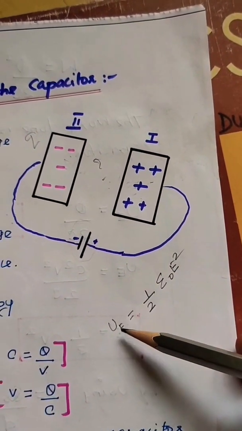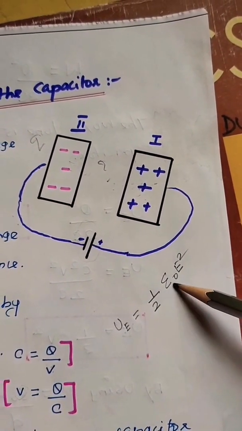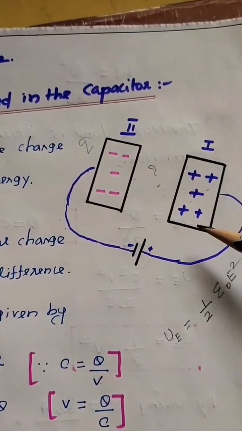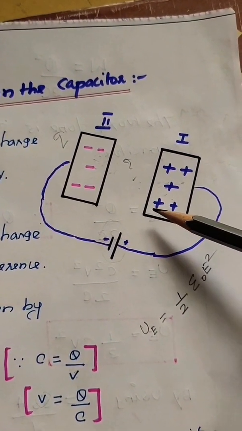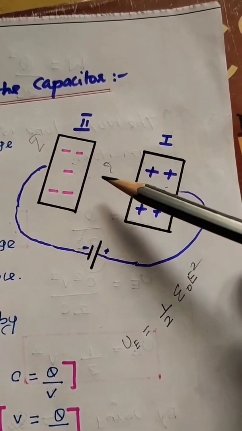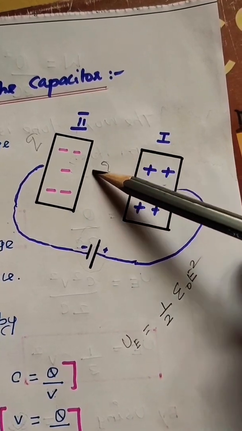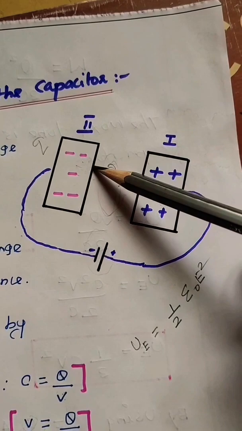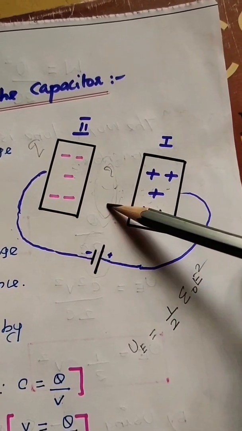This equation, u_e equal to 1 by 2 epsilon naught E square, tells us that the energy is stored in the electric field existing between the plates of the capacitor. The energy can only be stored in between the plates of the parallel plate capacitor, so in this region the energy can be stored.